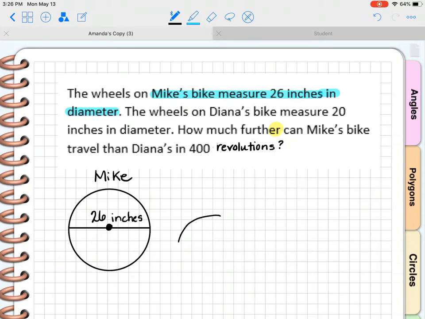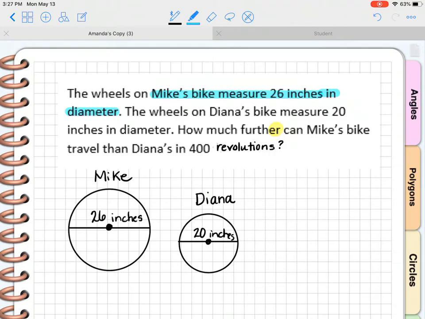And then Diana's is substantially smaller. Maybe Diana's a younger child, or she may even be on training wheels or something. I don't know what the standard bike tire is, but whatever it is, Diana's is only 20 here.